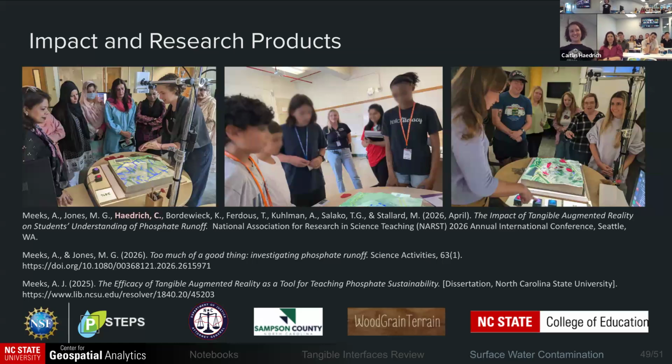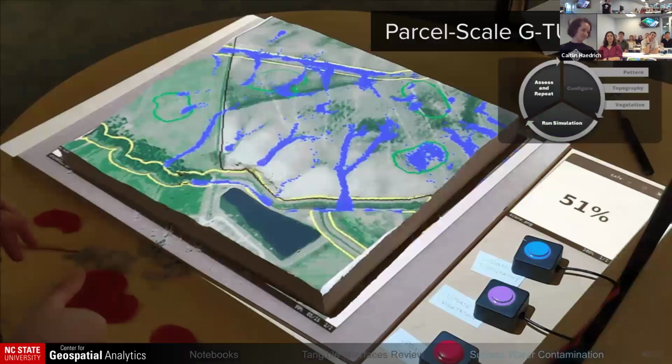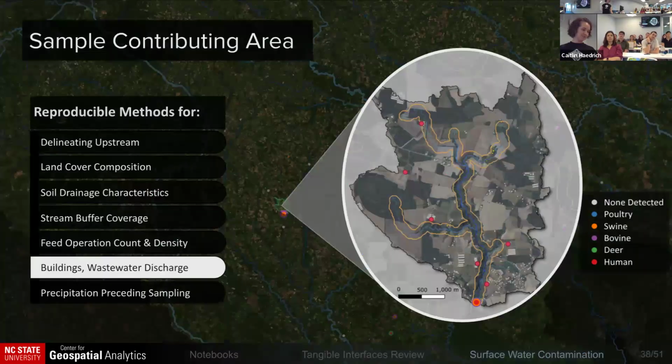I'm so glad you asked. I did. One of the things I have a notebook for is looking at precipitation preceding the sampling event. I found the closest climate office rain station to each of the upstream areas, and then I aggregated that for all the sites.